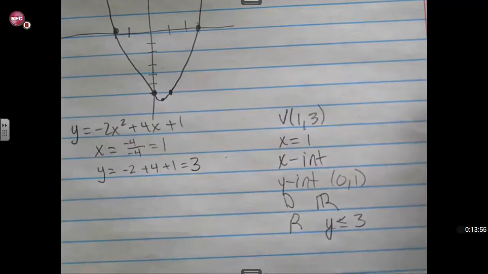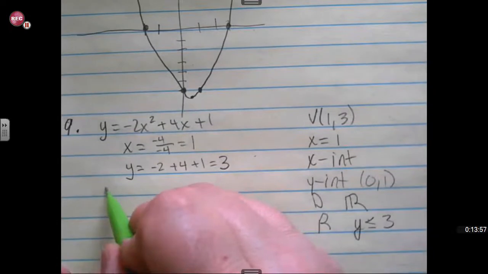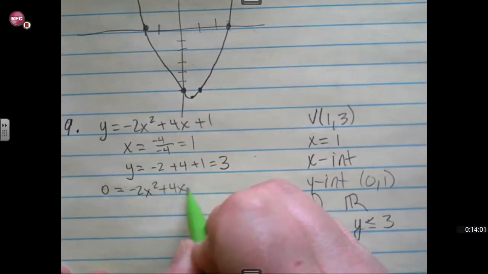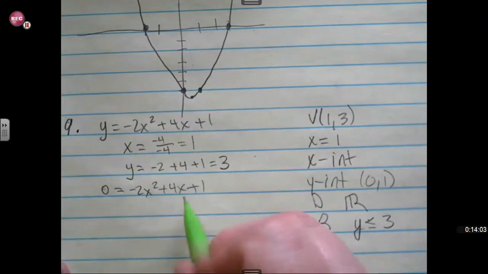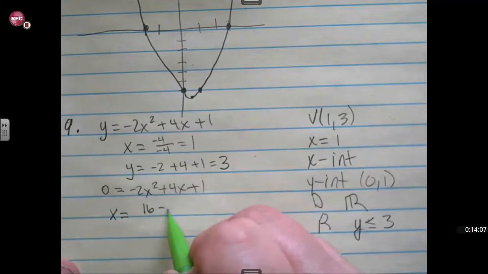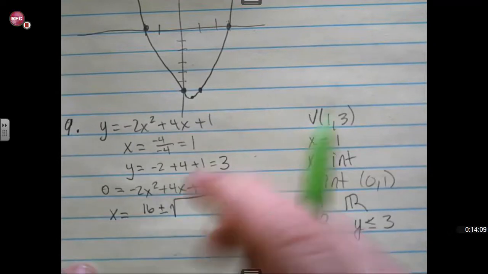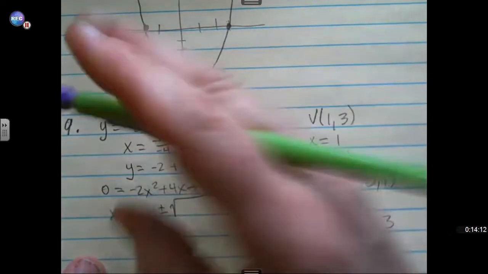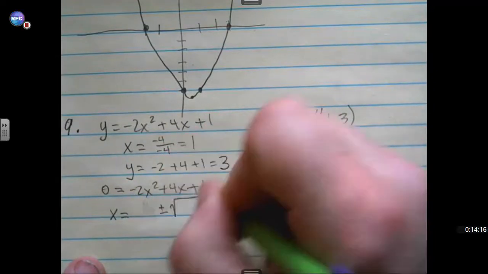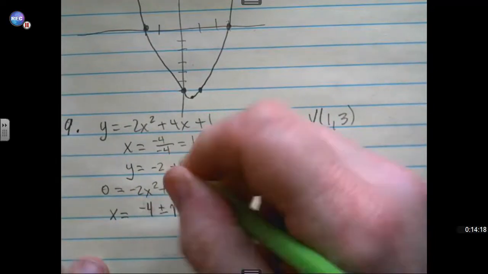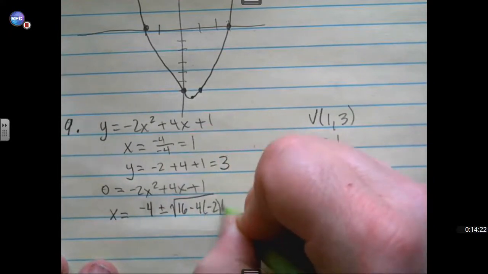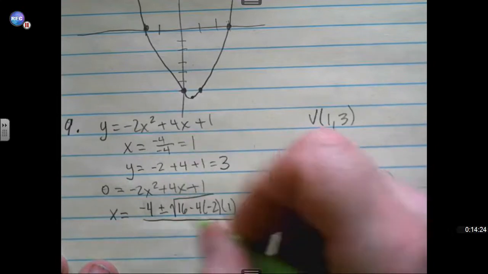To find the x-intercepts, we would need to set this equal to 0. And I don't believe it factors. So right to the quadratic formula, b squared plus or minus, I'm sorry. This is my 3rd video today, so I apologize. Opposite of b, which is -4 plus or minus the square root of b squared minus 4 times a times c all over 2a.